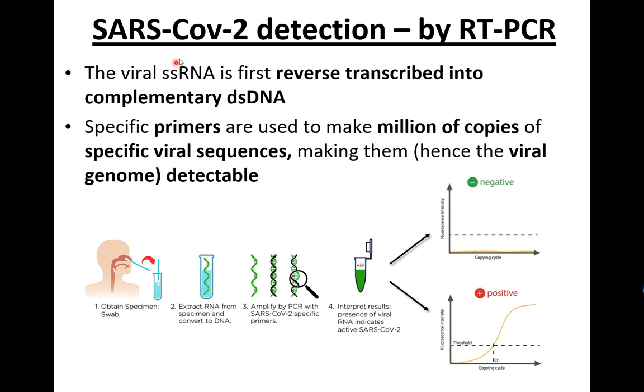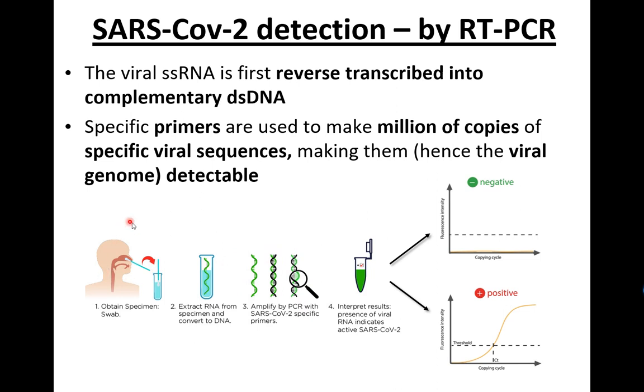First, your RNA has to be transcribed into complementary DNA. And this is done exactly, do you remember when we were talking about RNA viruses and how they replicate their genome? The same way, with a similar enzyme, reverse transcriptase. So first, and that's the RT, there is a reverse transcription, and then the PCR is performed starting from the double-strand DNA.